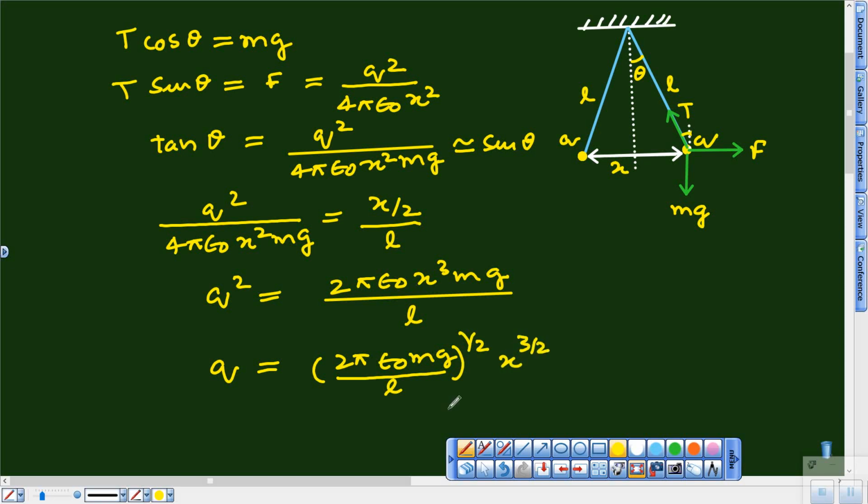I have deliberately kept everything which is constant inside the bracket and variable outside.